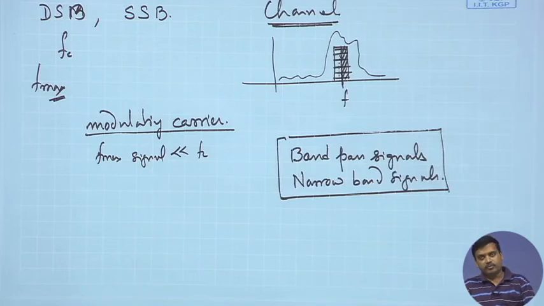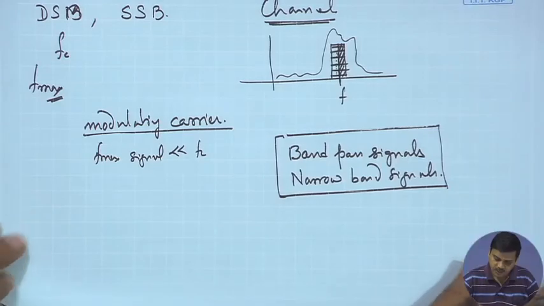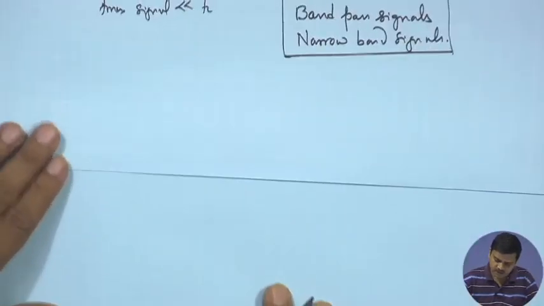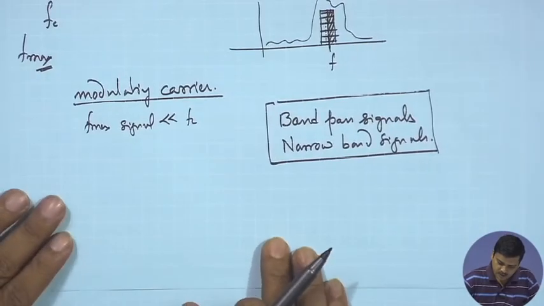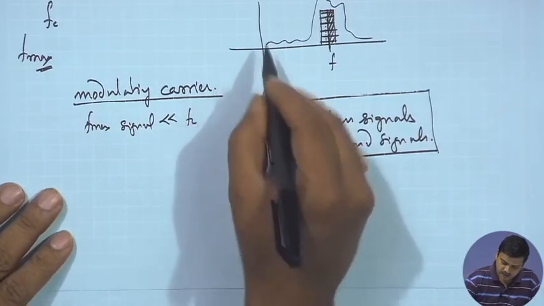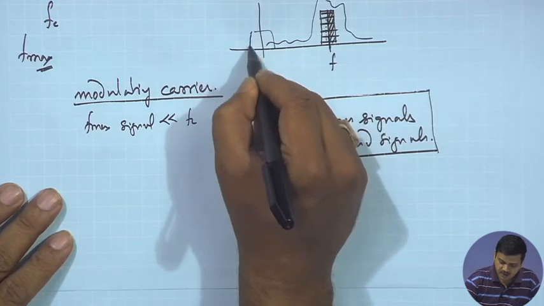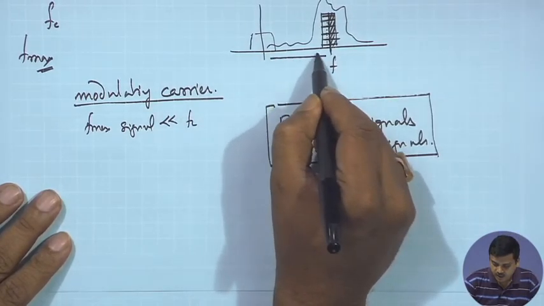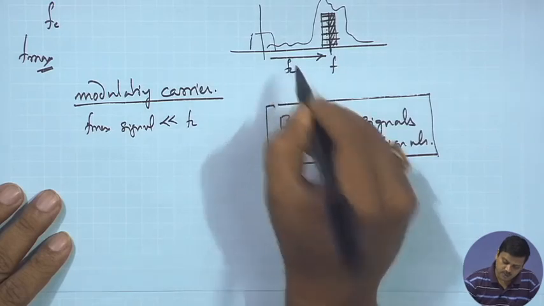establish a few important relationships, and the relationships are needed because when we are doing this transmission, you generally have the signal around the center frequency, around the 0 frequency, and you need to up convert through f c.